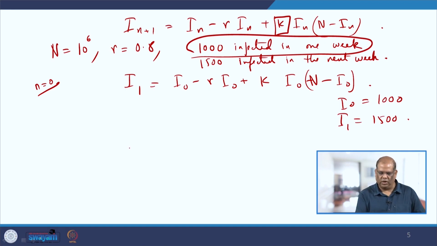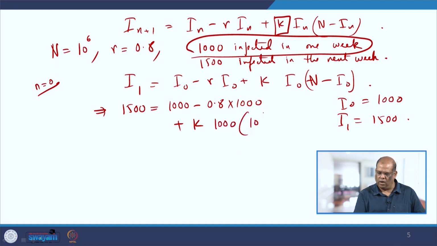If you substitute these values, you get 1500 equal to 1000 minus 0.8 multiplied by 1000 plus k times 1000 into 10 to the power 6 minus 1000, where I do not know the value of k.